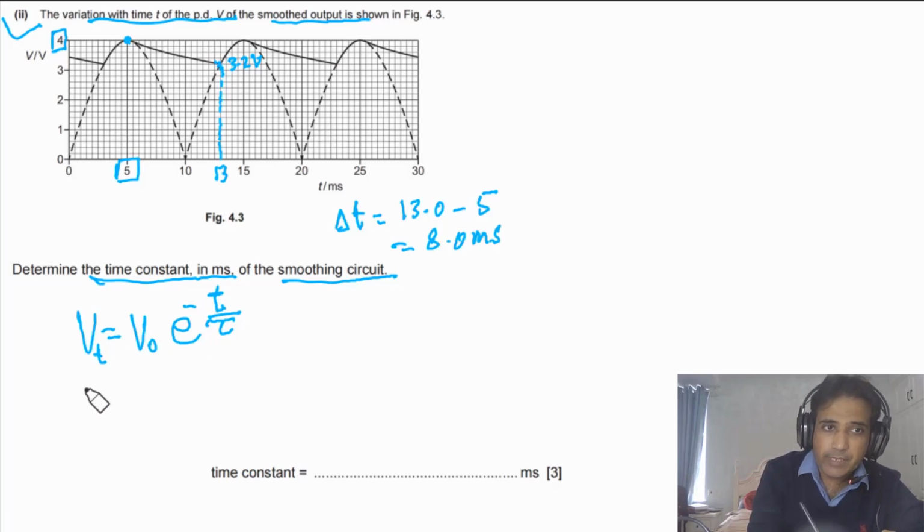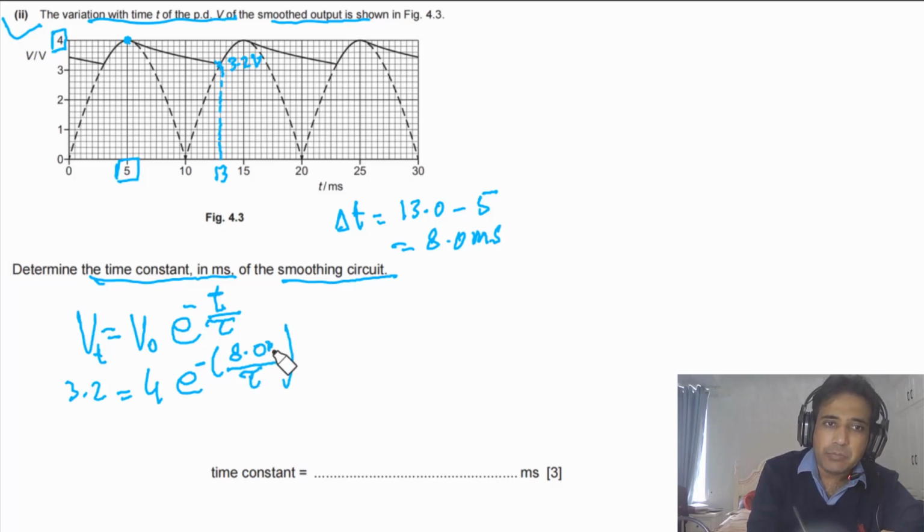We can plug in values here. We have the value of V across the capacitor after 8.0 milliseconds, that is 3.2. The initial value is 4. So here we have e to the power of minus 8.0 divided by tau.